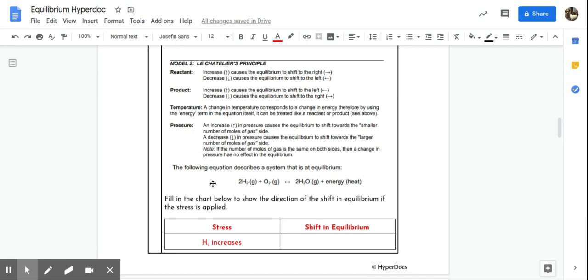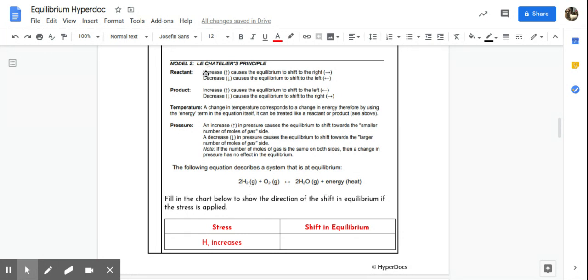If you add some of a reactant, you're going to want to get it back to equilibrium. So if we added some of this H2, we would need to go and make some of this H2O to balance it out. If you added O2, same thing. You would make H2O, you would add some energy, you would go in this direction to balance it out.